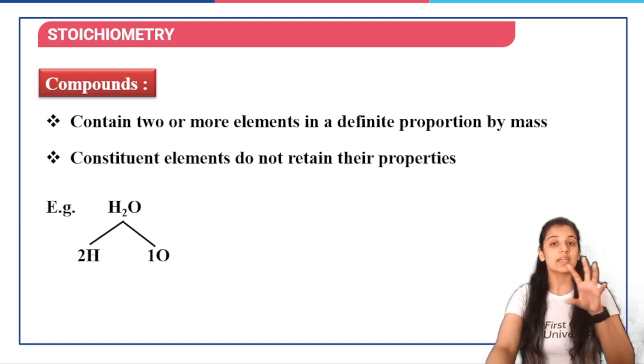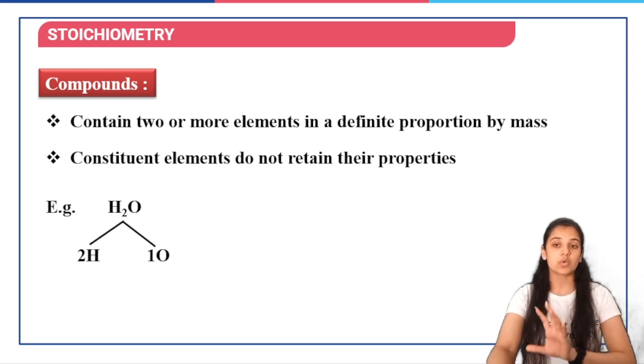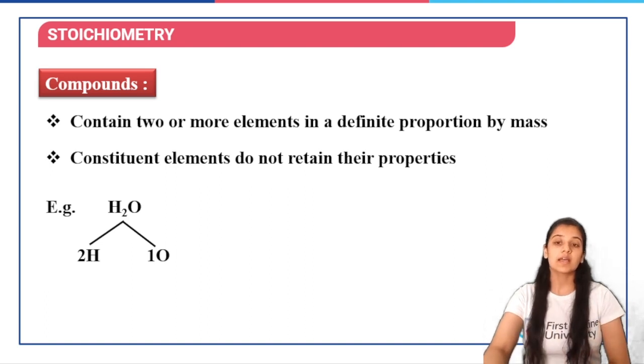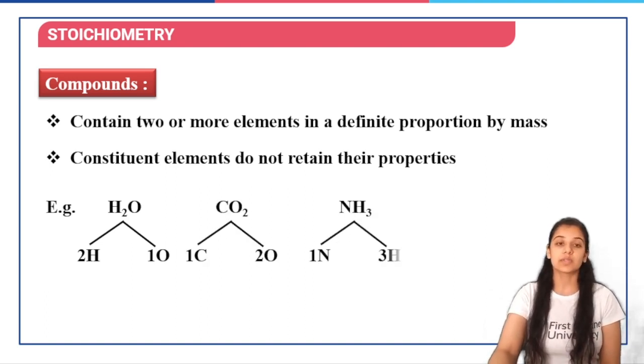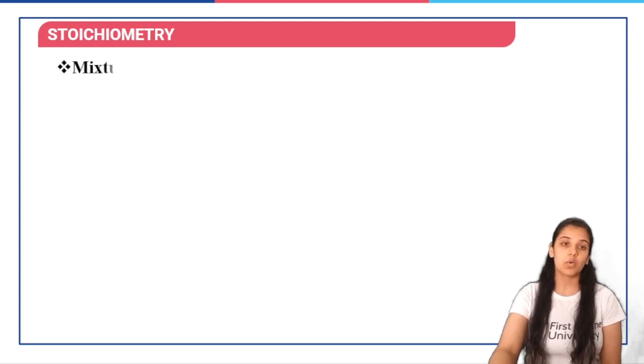If we talk about the individual properties of hydrogen and oxygen, they are not going to be present in water. So the properties of the individual elements are not going to be retained in the compound. Similar is the case with carbon dioxide or ammonia also.